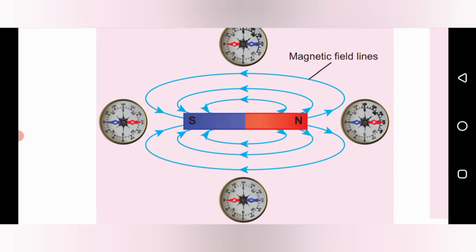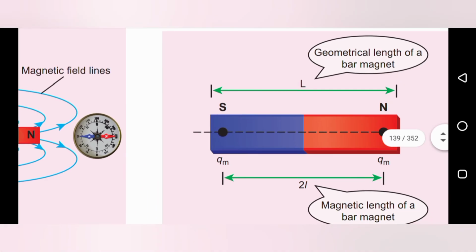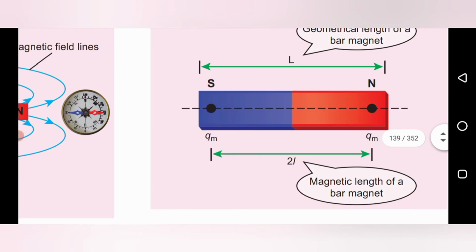And also the magnetic length of the bar magnet. Here we represent the total length of the bar magnet, which is called the magnetic length of the bar magnet.